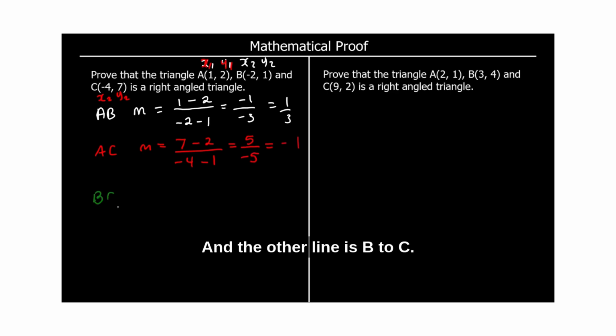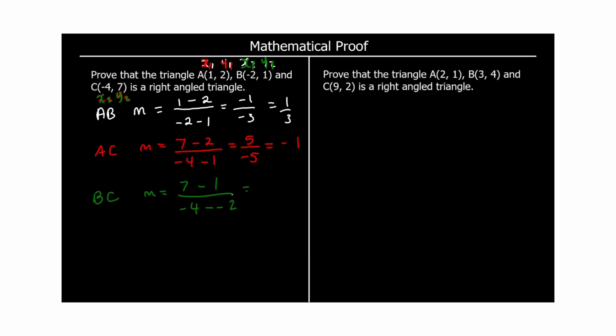And the other line is B to C. Let's have x1, y1, and then x2, y2. So the gradient, change in y over change in x, y2 minus y1 over x2 minus x1. So we have 6 over negative 4 plus 2, negative 2, which is 6 over 2 is 3, it's negative, so negative 3. So we've got the three gradients. Which two are perpendicular?